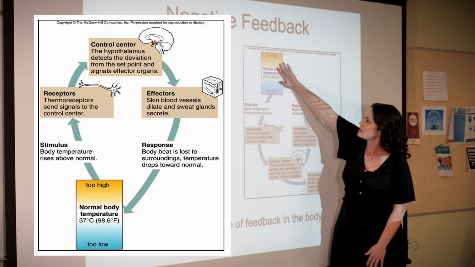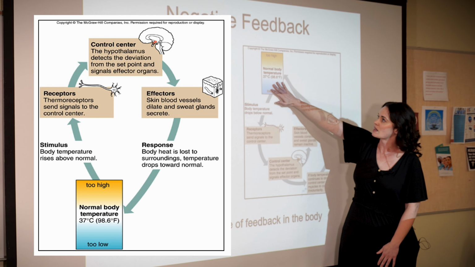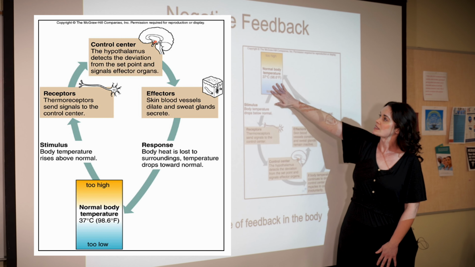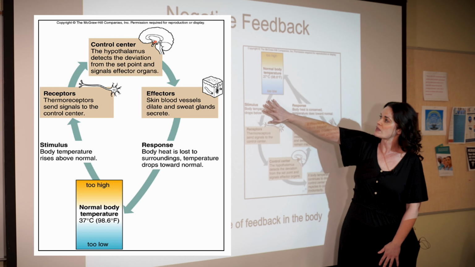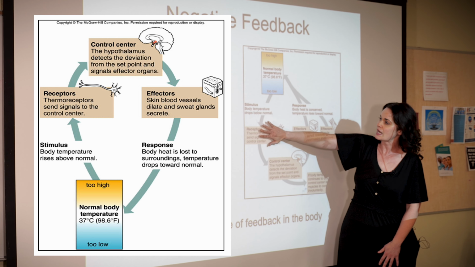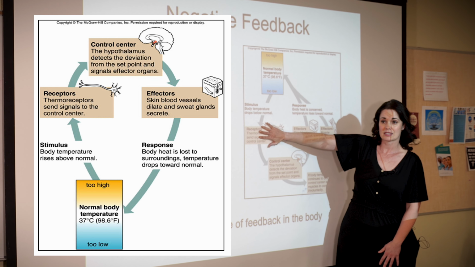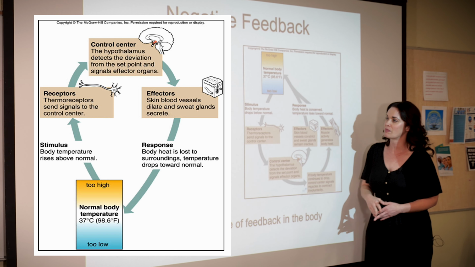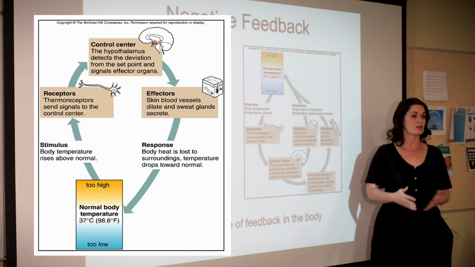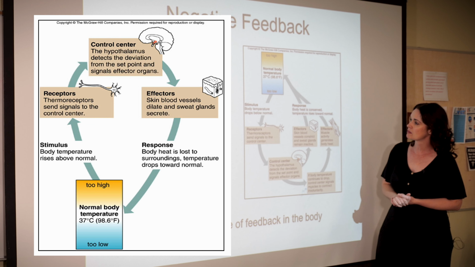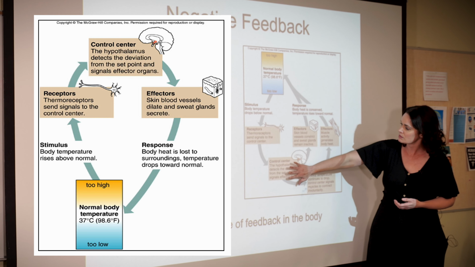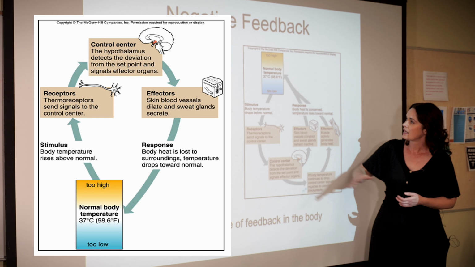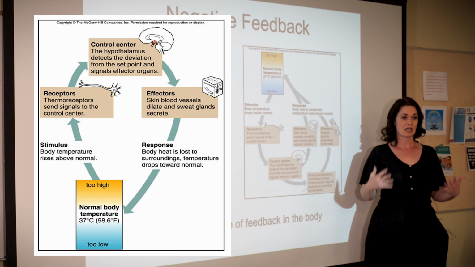As you're out there, your body temperature is going to start to drop, okay? And as it starts to move out of that range where it needs to be kept, that decrease in temperature is going to be detected by those thermoreceptors, those thermometers that are located in the body, and communicated with the hypothalamus. And then the hypothalamus is going to do a couple of things.